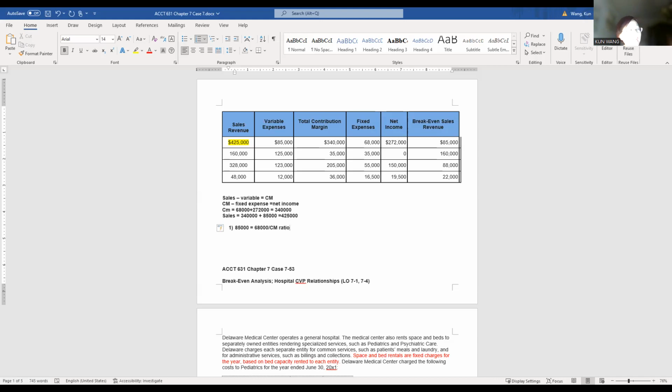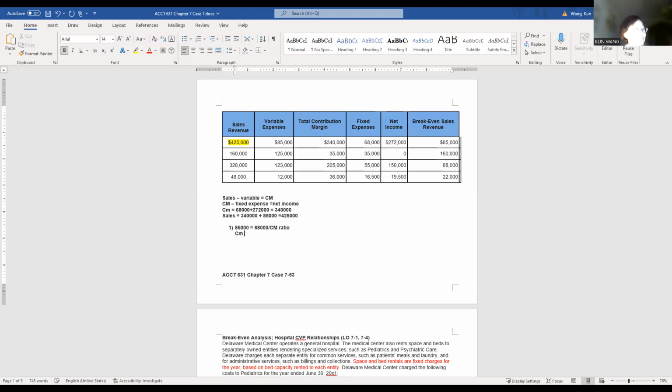This is the formula, but normally we use it the other way: we know the CM ratio and fixed expense, and we calculate the break-even sales revenue. Now, this is my CM ratio. You use the 68,000, and divide by the 85,000, and I will have a percentage.